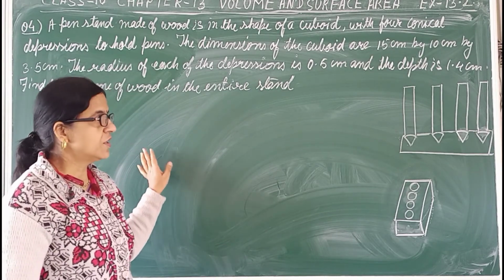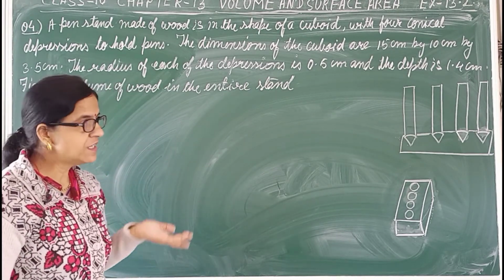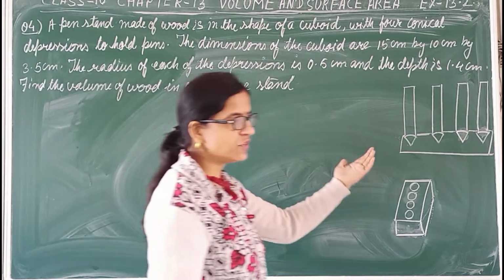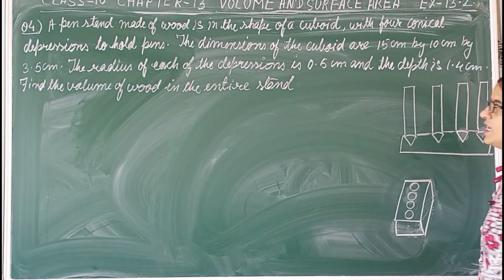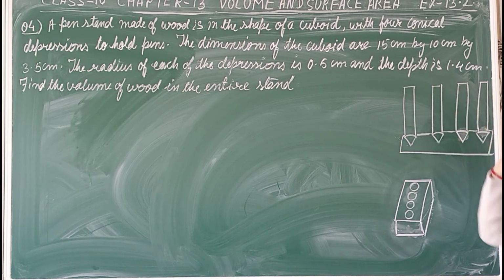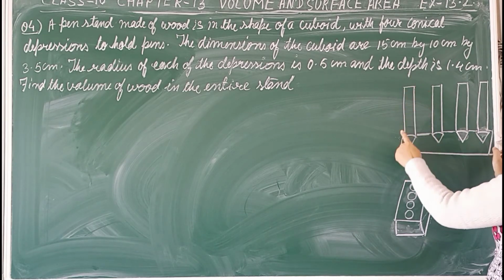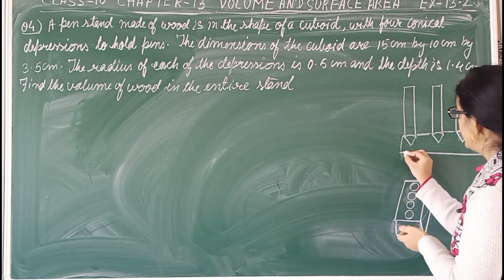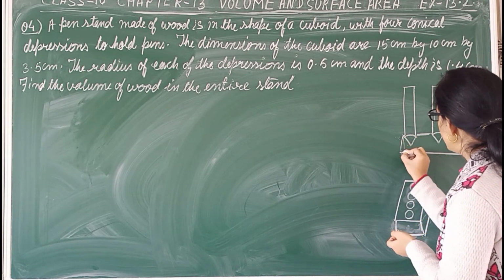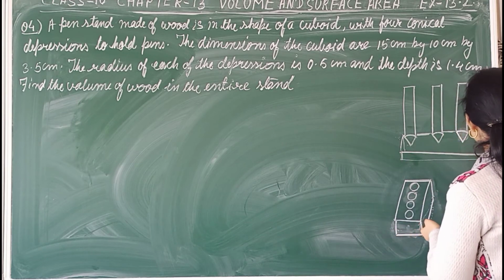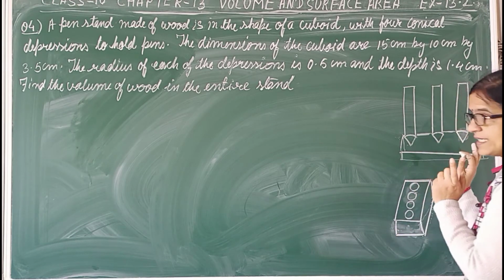So understanding the question and planning the solution part now. So let us move to the figure here. The figure is explaining the question, so first understand the question with the help of the figure. A pen stand is there, which is in the shape of a cuboid. Look at this pen stand.